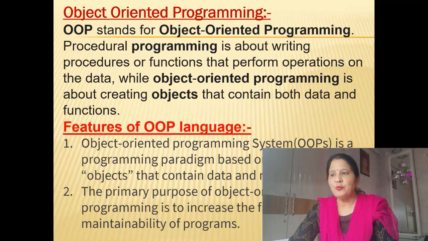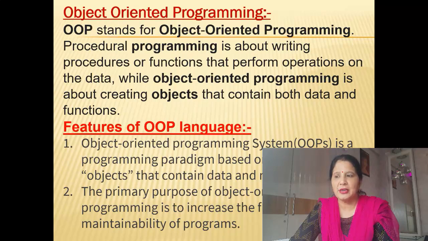Now, features of OOP language. First feature, OOP, Object-Oriented Programming System, known as OOPS, is a programming paradigm based on the concept of objects that contain data and methods. Number 2, the primary purpose of object-oriented programming is to increase the flexibility and maintainability of programs.